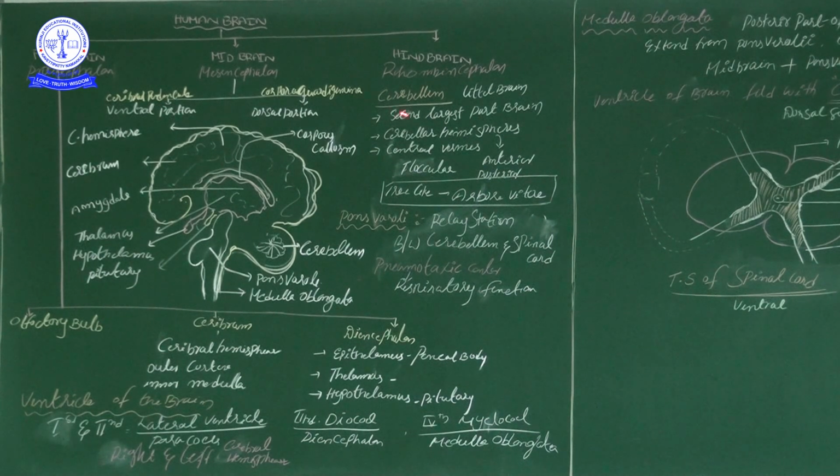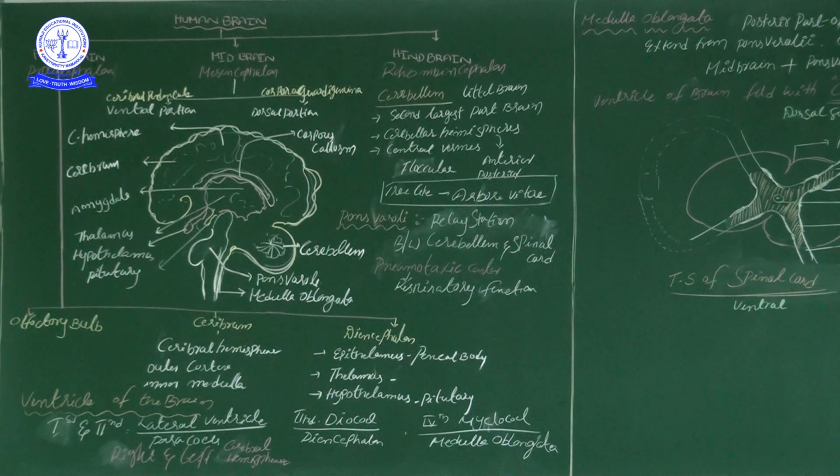Now this cerebellum part, the second largest part in the brain, like the cerebrum, also has two equal parts. These two equal parts we call the cerebellar hemispheres. These cerebellar hemispheres are connected with the vermis, one part.